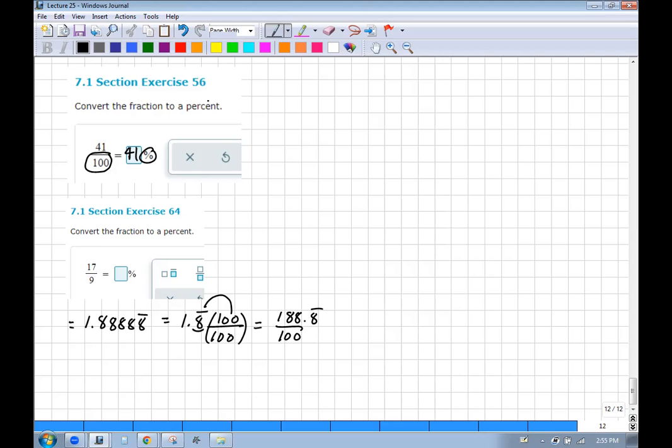Since it's just a whole bunch of 8s, move the decimal to the right twice. So this is 188.888888%. Remember, this is just shortcut notation for writing 1 over 100.